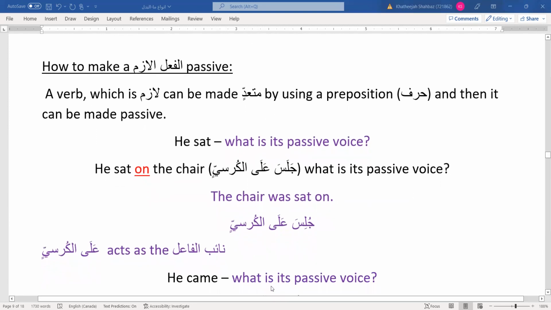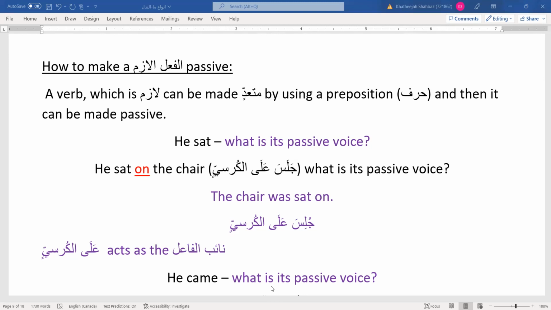Okay. Now we take another example. He came. In Arabic we say ata. He came. Can we make it passive voice? Is this al-fi'lul lazim or al-fi'lul muta'addi?